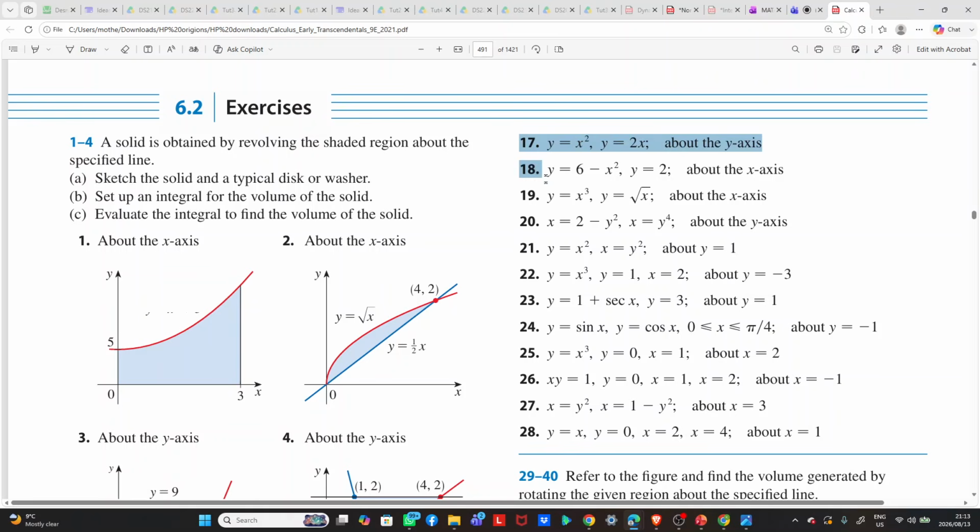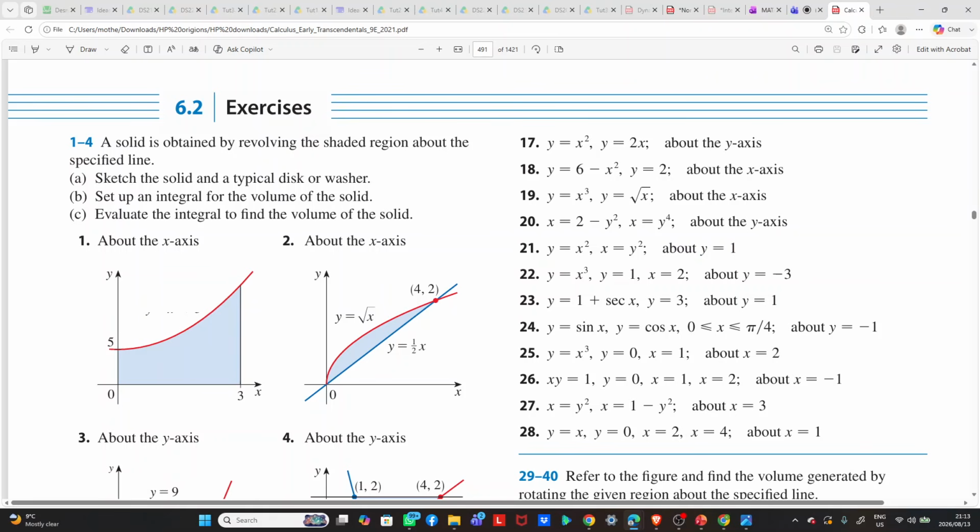The questions now from 17 to 20 under 6.2 will follow the same idea that we did on this one and that one. You will see there will be a gap and things like that. However, there is something extra that we need to talk about, which comes now that we have shifted the axis of revolution.